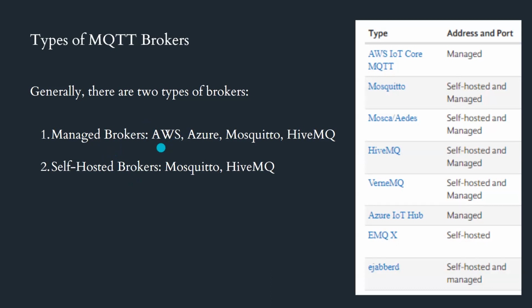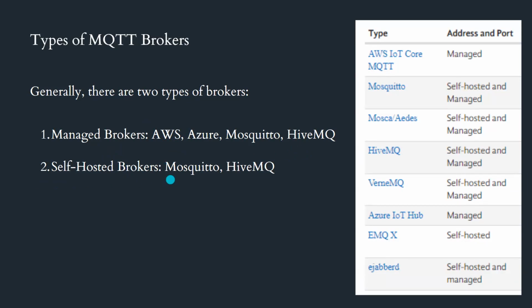For example, companies like AWS, Amazon Web Services, Azure, Mosquitto, HiveMQ. They are third-party companies who can run the Mosquitto broker and give us the services that we require for our application.